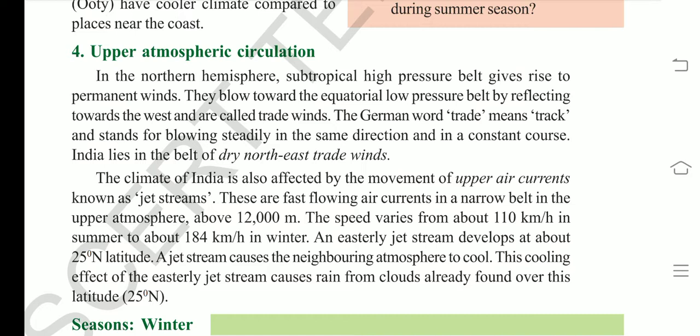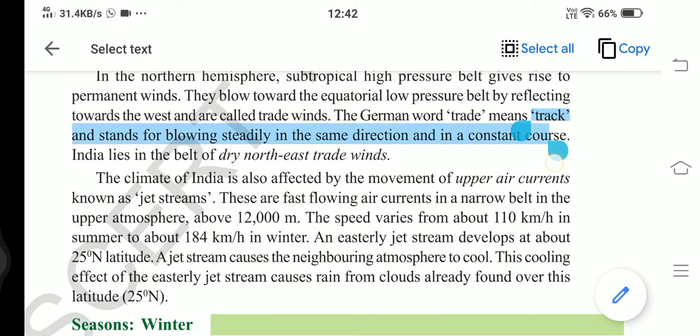The word trade has come from the word 'track'. Track means blowing steadily in the same direction. What is meant by track? Winds blowing steadily in the same direction is called track. That is a German word, and when it is converted into English, it is trade.